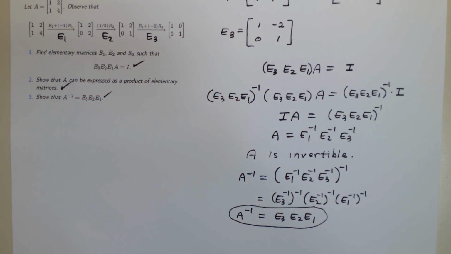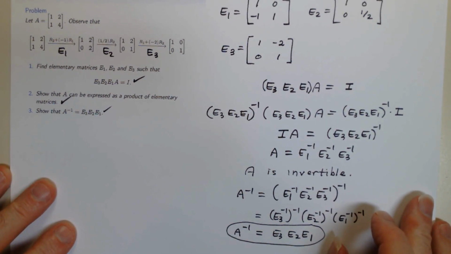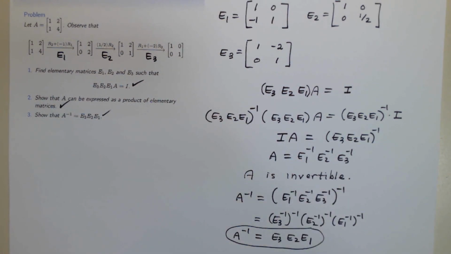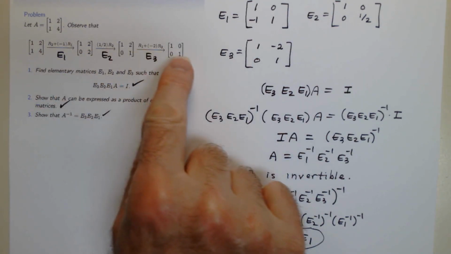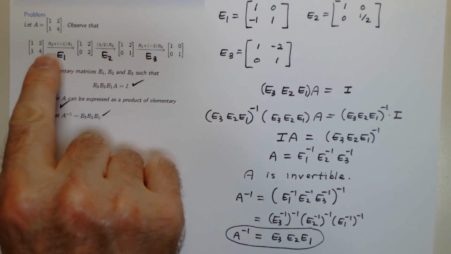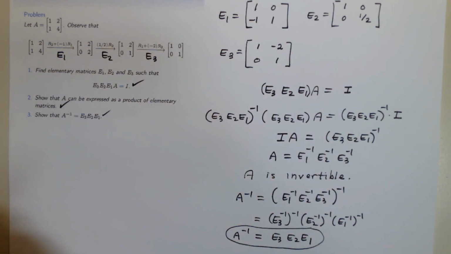Now, if we step back and look at what we've done, we can abstract out of this something a little more general, right? What is it that's driving this problem? It's the fact that our matrix A can be row reduced to the identity. Once we have that, this whole argument proceeds just as it did in this particular case.